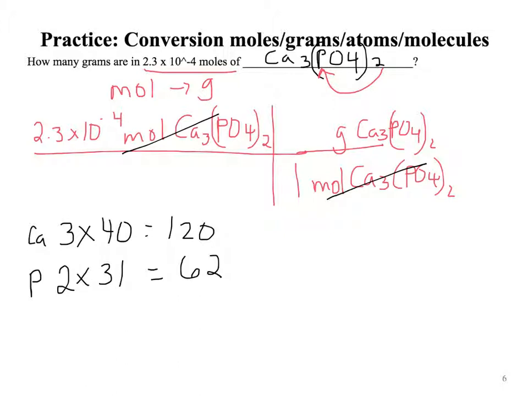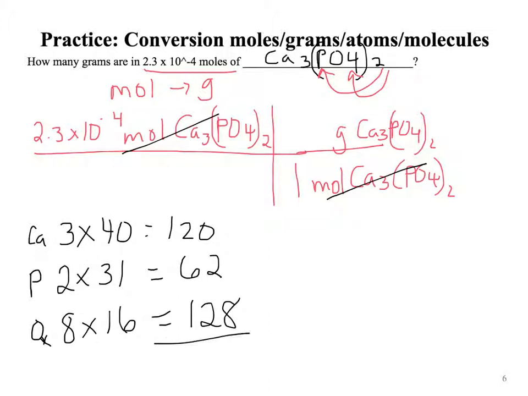And then remember I have 2 times 4, which is 8 oxygens. 8 times 16, which is 128. Add all of this up, I got 310 grams per mole.